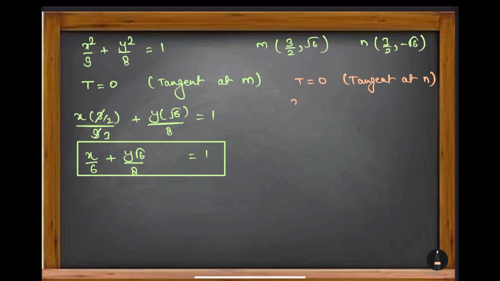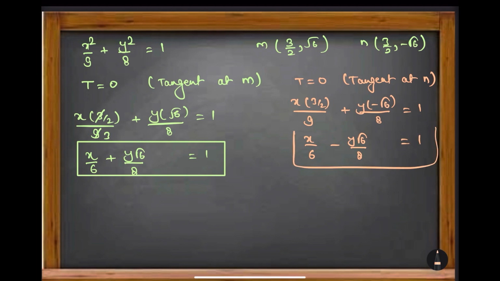So x1, 3 by 2 by 9, plus y root 6 by 8 equals to 1. Okay, now it is again x by 6 minus y root 6 by 8 equals to 1. So we got our other tangent. So we got both tangents.